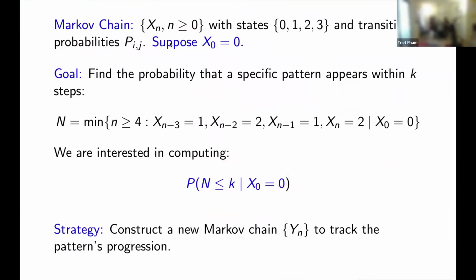And while this obviously is connected to absorbing state and path probability kind of thing, the main difficulty is to construct the new Markov chain to track the pattern's progression. This is the main challenge.